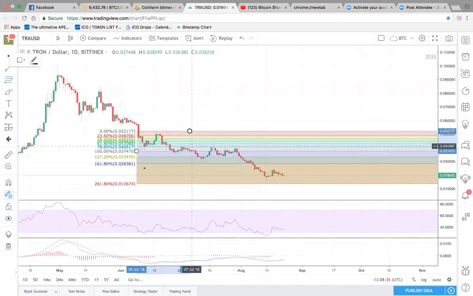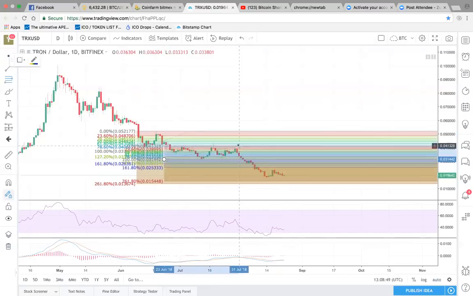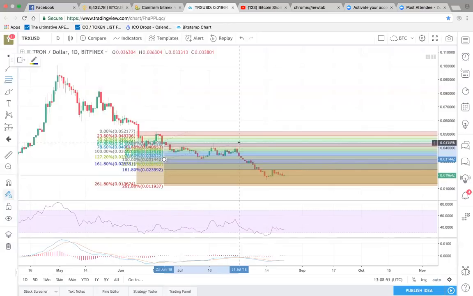My next target would have been the 261, which is around 1 cent, 1.3 cents, which we just managed to stay just above. I'm going to leave that chart in there to try and find some confluence zones. If you pull this from here to here, okay, that's not too far off.